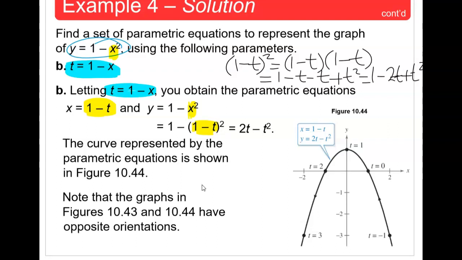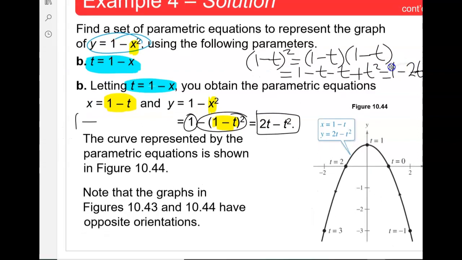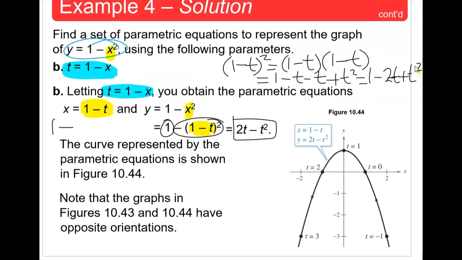Right here, they're kind of skipping a step. So the step in between is that we have this one first of all, and then we have the result of this substitution, which is what I have here. I'm going to replace all of that there, but I'm going to leave it in parentheses. So it's going to be 1 minus (1 minus 2t plus t squared).